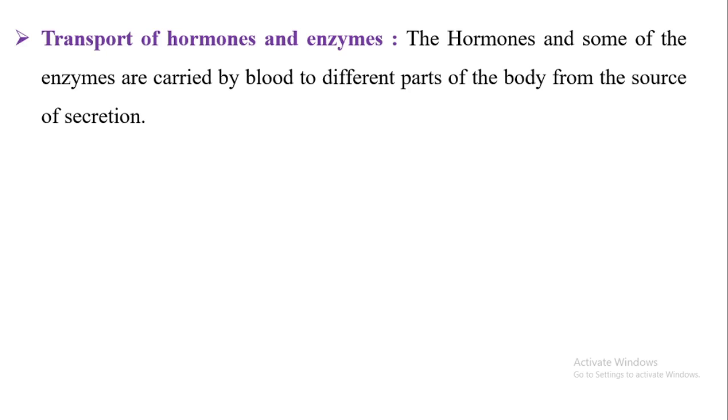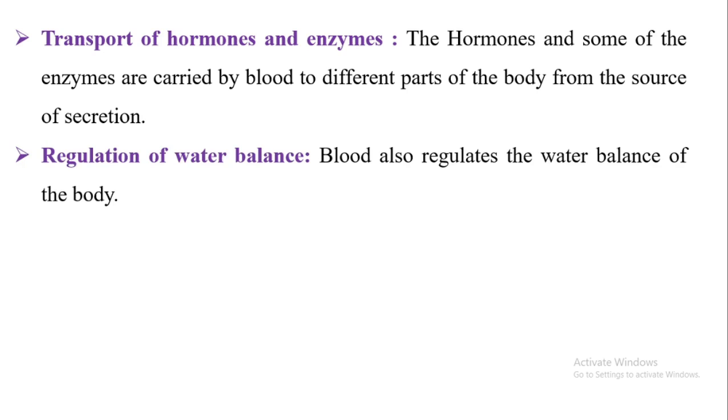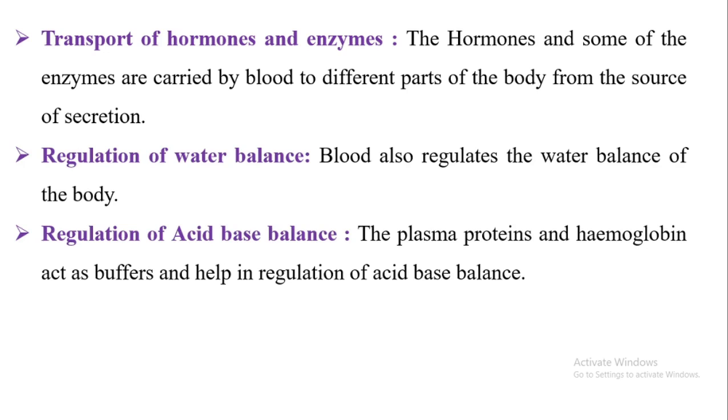Then transport of hormones and enzymes. Hormones and some enzymes are carried by the blood to different target organs of the body. Blood also regulates the water balance of the body. The plasma proteins in the blood and hemoglobin act as a buffer and help in regulation of acid-base balance.